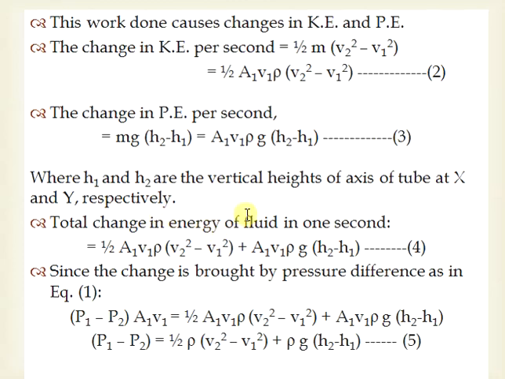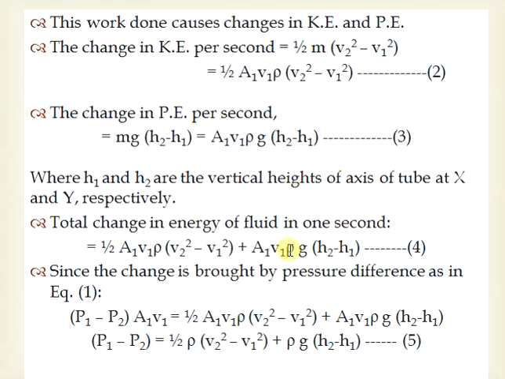So the total change in energy of the fluid in 1 second can be written as the summation of equations 2 and 3, which is half A1 V1 rho into v2 square minus v1 square plus A1 V1 rho g into h2 minus h1.